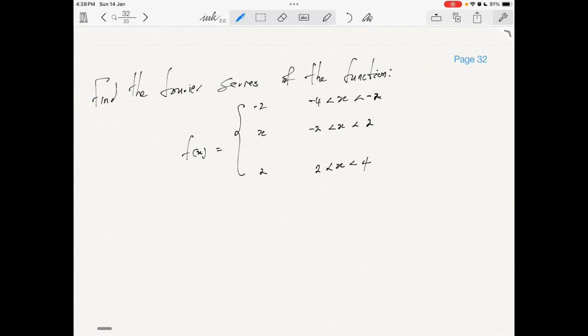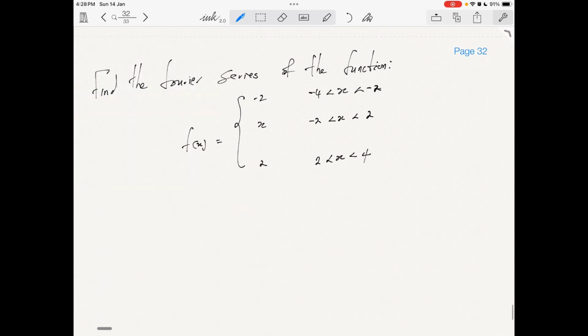We can see the individual limits, but the first thing we must know is what our L is. Going further, we are moving from minus 4 less than x less than minus 2, and all through down to 4.